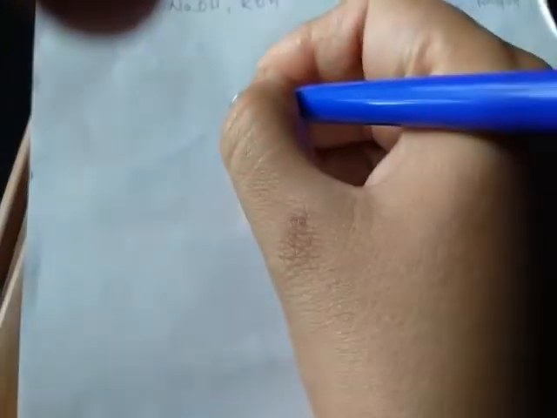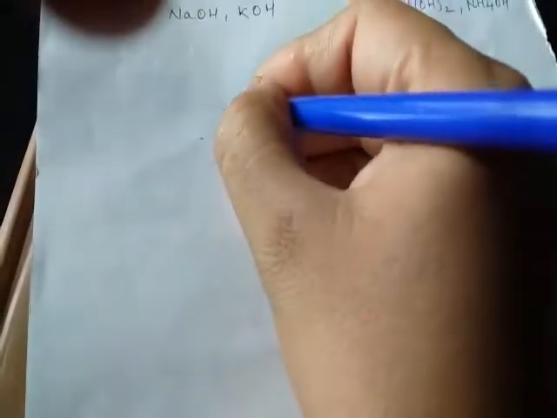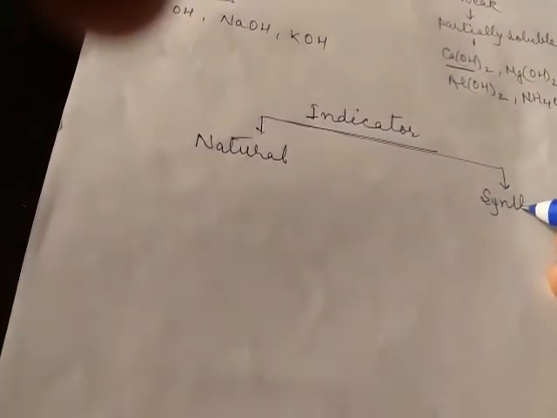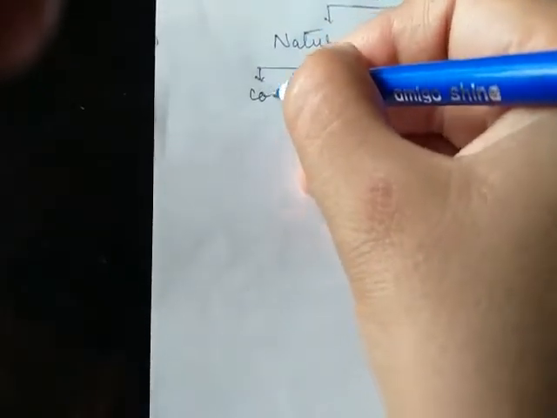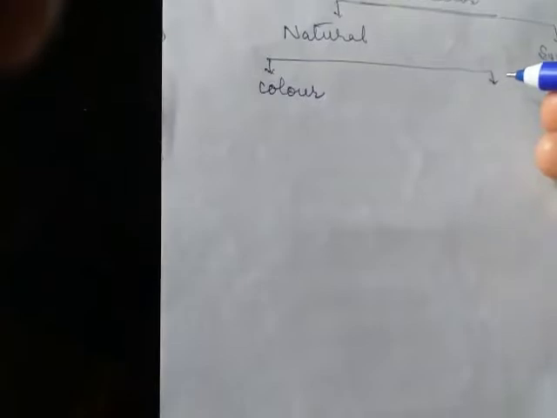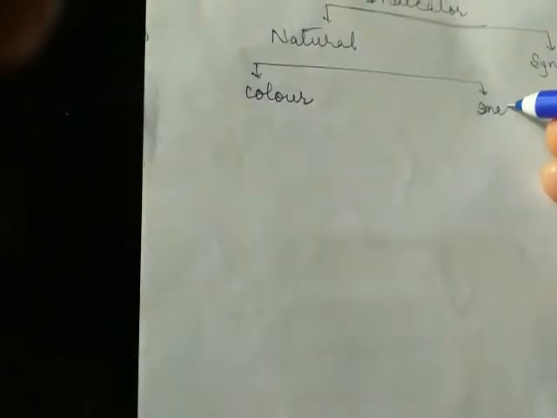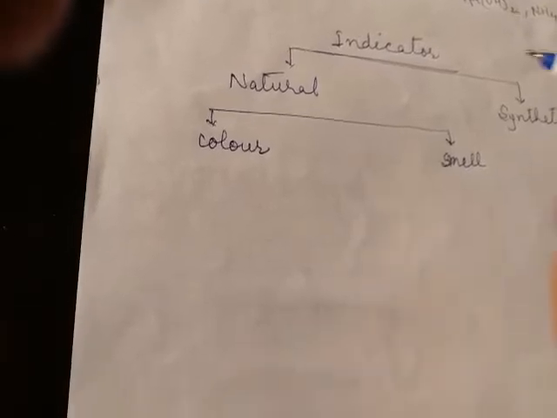There are basically two types of indicators, natural indicators and synthetic indicators. The natural indicators are of two types: the indicators which change their color and the indicators which change their smell in acid or base.